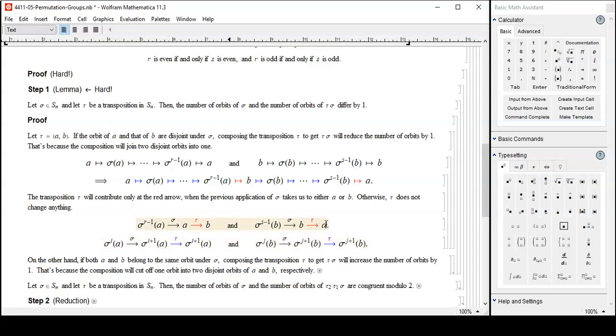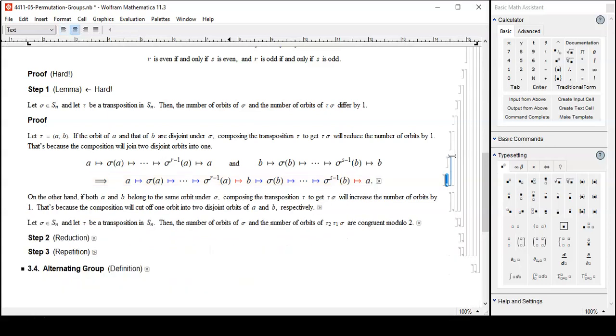But then again, at the last point, the S minus first power goes to B, but then again, tau affects B non-trivially. It goes to A. So instead of ending here and coming back to just B, it goes all the way back to A, and then we have one big cycle. One big orbit, excuse me. The result, in this case, is that the number is reduced by 1.